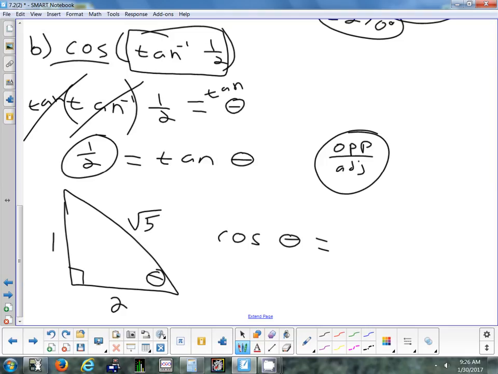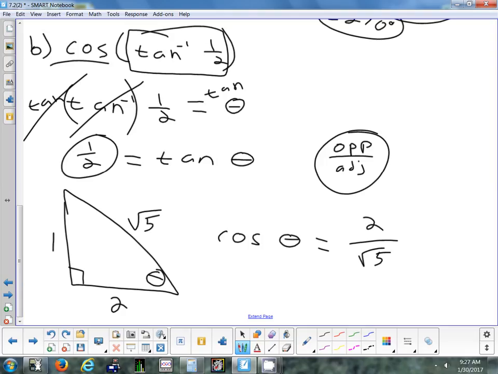So think, what's the first thing you need to know here? Yeah, you have to know the definition of cosine. Do you know our definition for cosine? Adjacent over hypotenuse. Yep. What's the adjacent? That'd be 2 over square root 5.